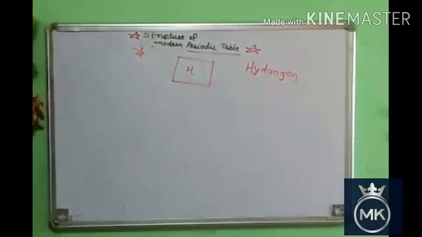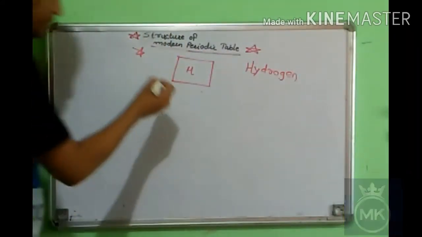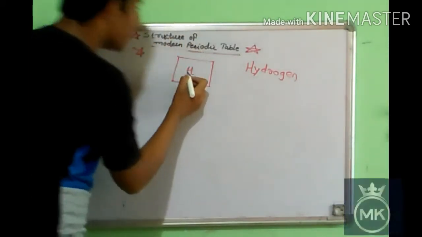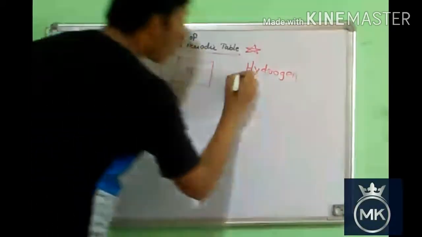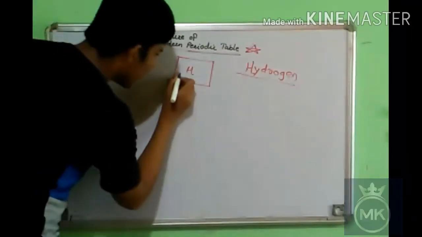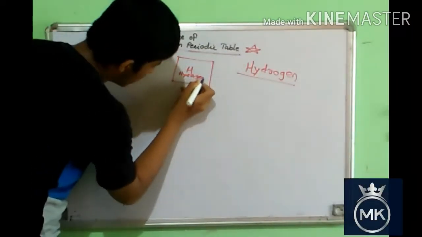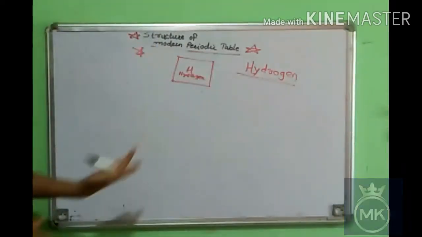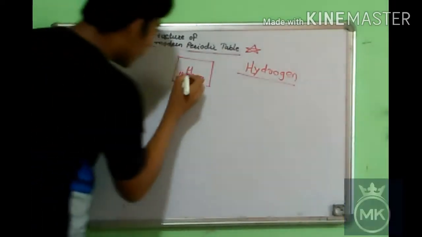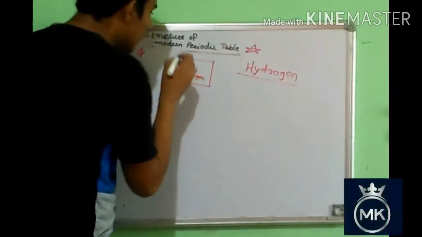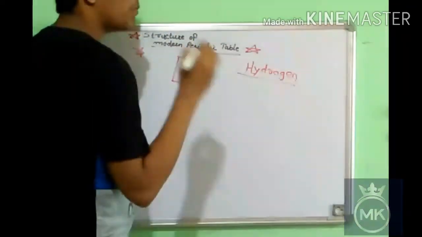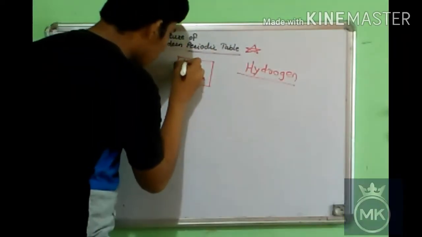This is an example. Then below this symbol the name of the element is given, here hydrogen, in small letters. Then on the upper side of the symbol the atomic mass of hydrogen is given.